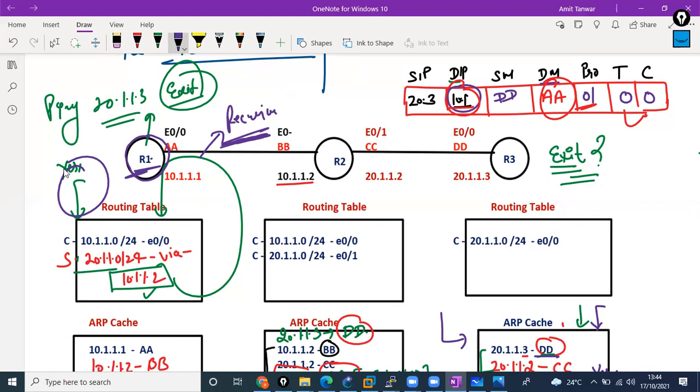Obviously the CPU utilization is almost double, because we are using it two times, and there will be an impact on performance. This is the disadvantage of recursive route lookup: more CPU utilization. So in routing protocols, we always have to avoid recursive route lookup.